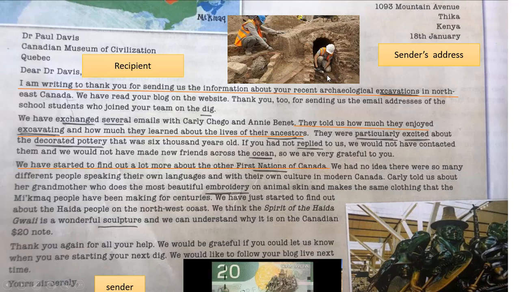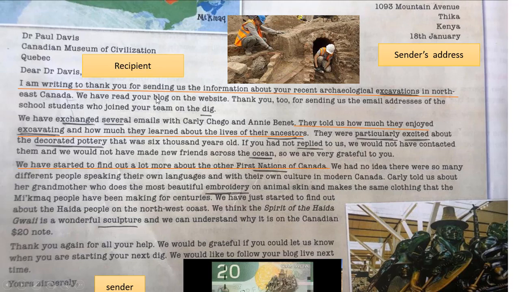Excavation means, look, what are the people doing here? They are doing archaeological excavation. As you see here, they are excavating. We have read your blog on the website.